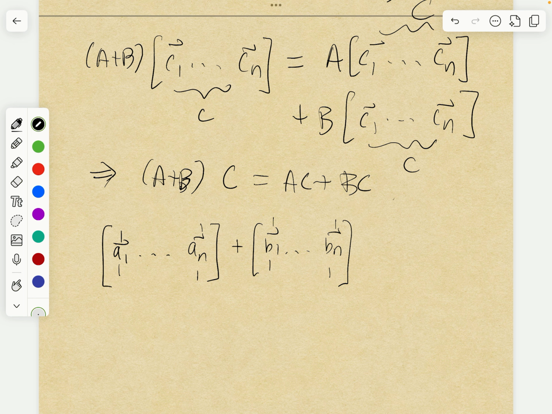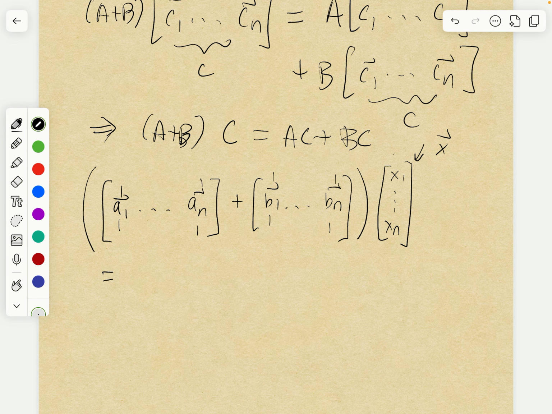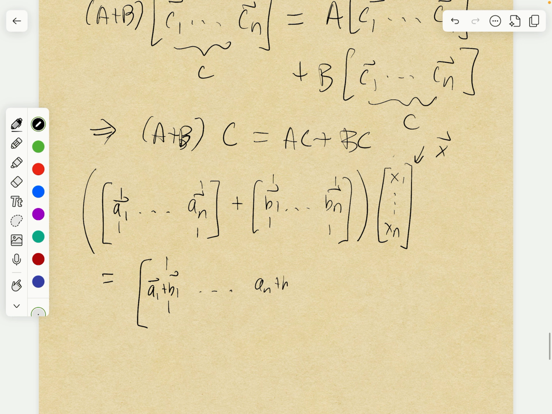So this resulting matrix is A plus B. If I multiply that by the vector x1 through xn, so that's the vector x, then first of all, this is saying I add the matrices first. So this is going to be a1 plus b1, that's the first column, and then the last column is an plus bn, and then I multiply this matrix by the vector x1 through xn.